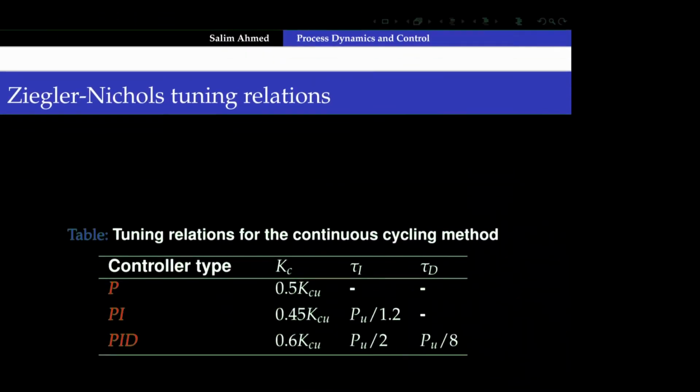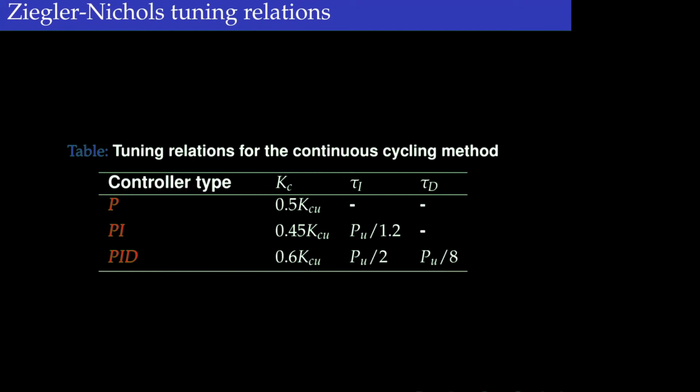Now if we look at this relation, again we need to choose the structure of the controller. When we get those two terms, the ultimate period and ultimate gain, if you want to design a proportional only controller, Kc will be 0.5 Kcu. Simply, the ultimate gain is the gain for which the process is on the verge of being unstable.